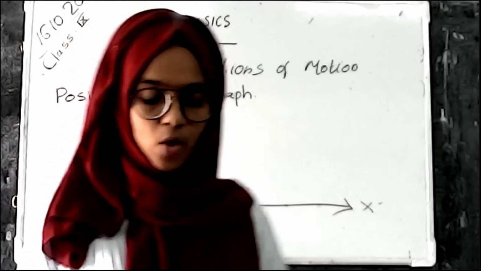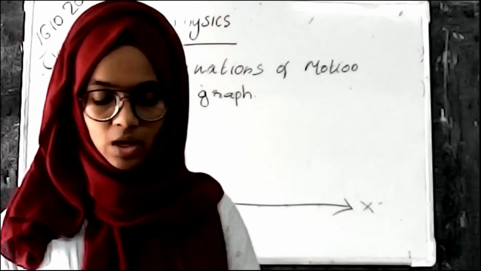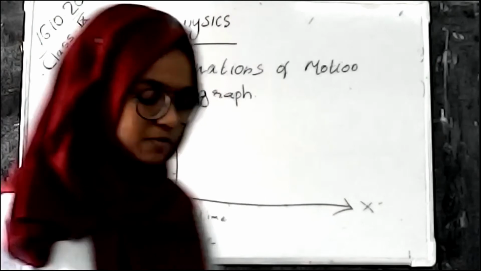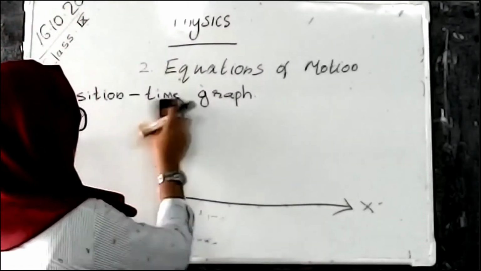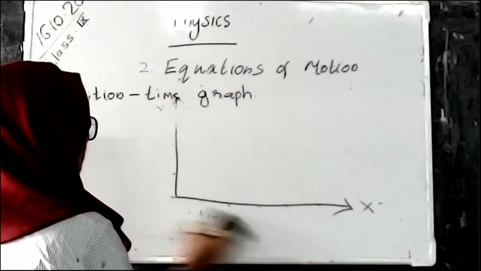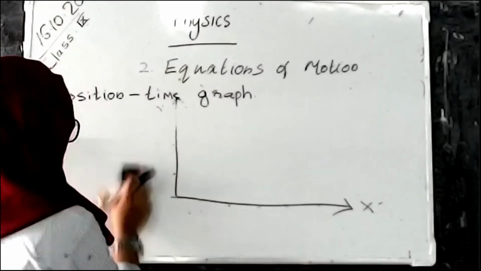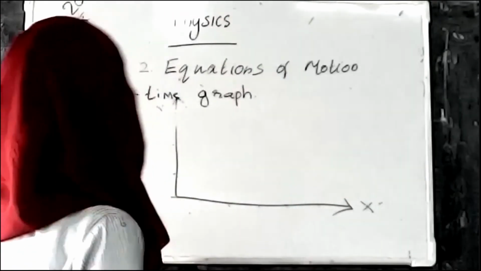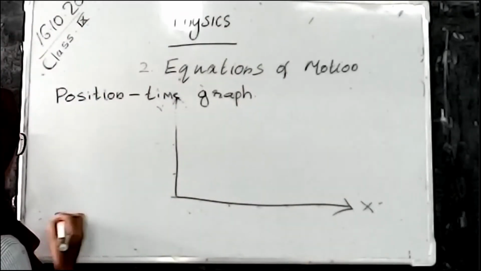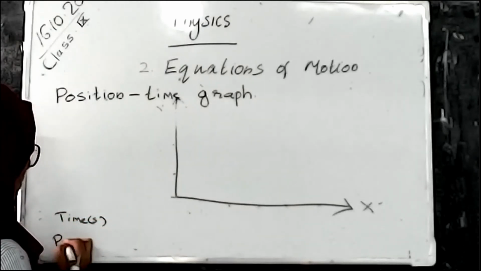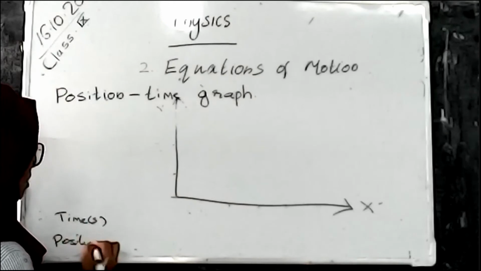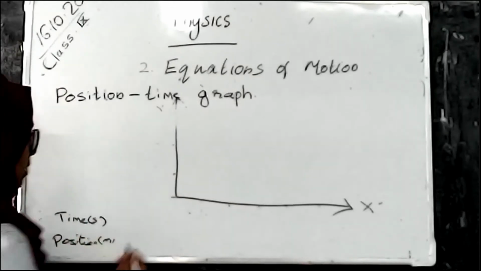So we have some points. Using these points, we have to draw a position-time graph. Here, time is in seconds and position is in the basic unit, meter.